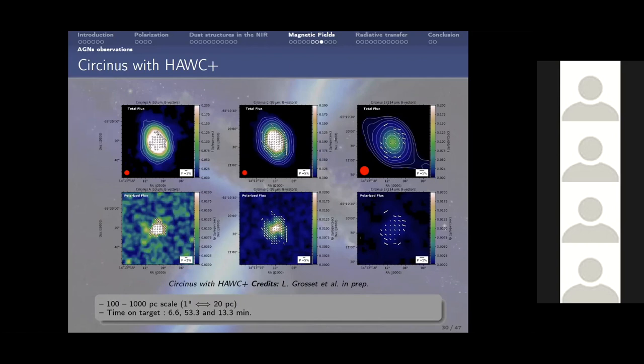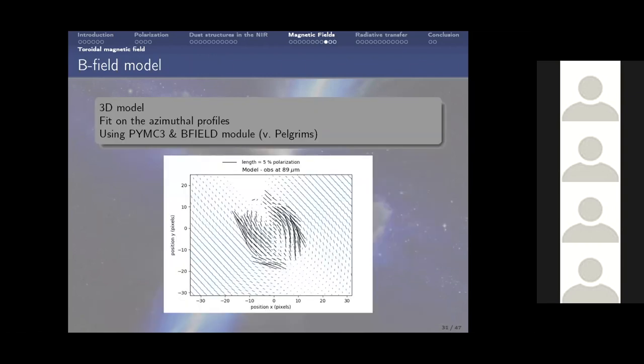And the time on target is not that long, because on the left image it's only 6 minutes on target and 13 minutes on the right side, and we spent a bit more time on the 89 microns map, so it's about 1 hour of observation. So we were able to get a very clear signal with this not so long observation, which is pretty nice.